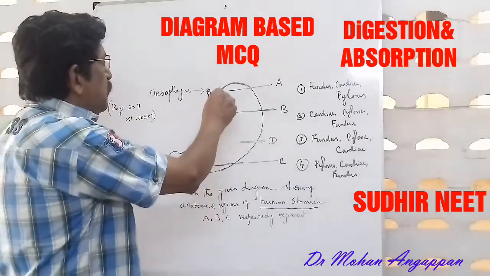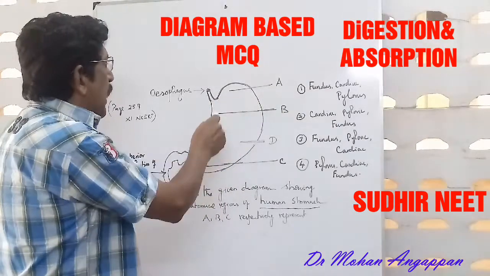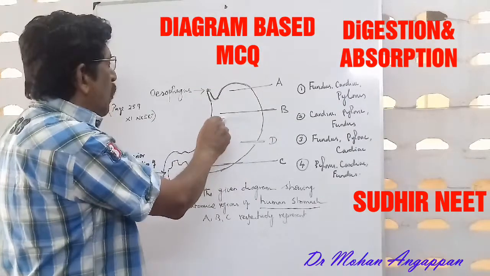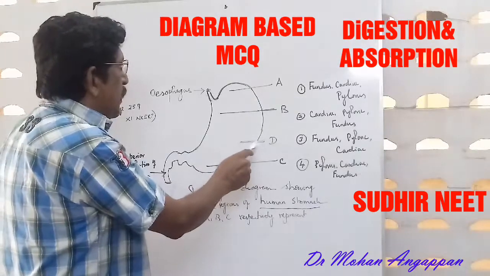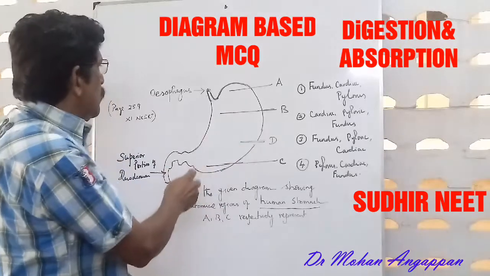So here this portion is the fundus portion, and then this is the cardiac portion into which the esophagus opens, and then D, this is the body portion, and C is the pyloric end of the stomach.